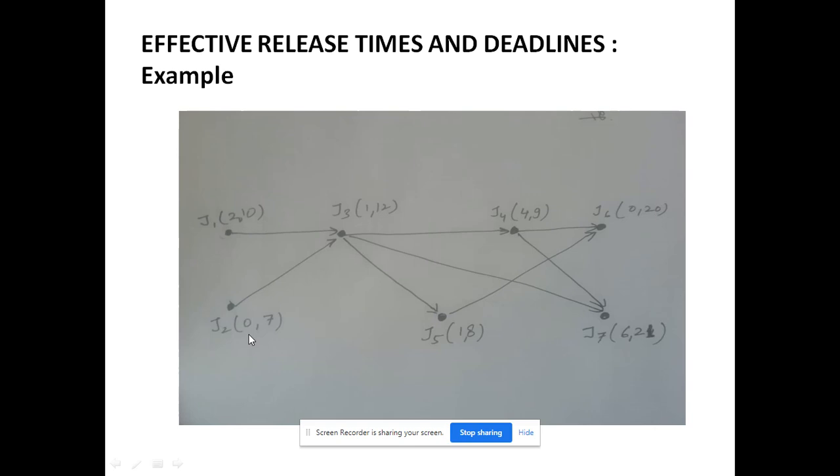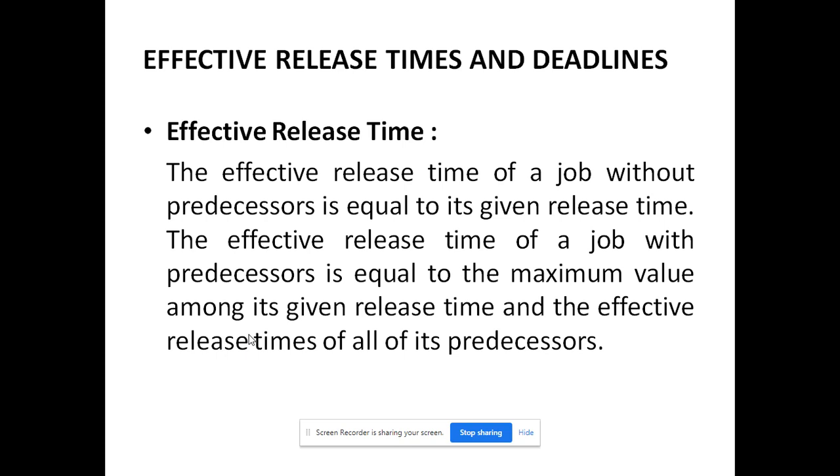So as per the definition, the effective release time of a job with predecessors is equal to the maximum value among its given release time and the effective release times of all of its predecessors.